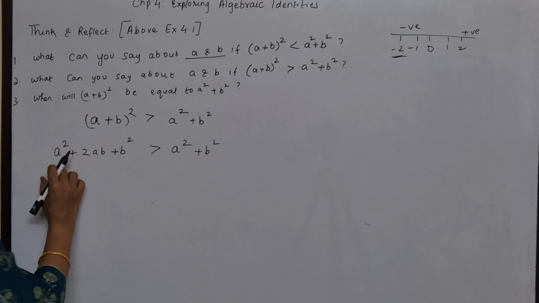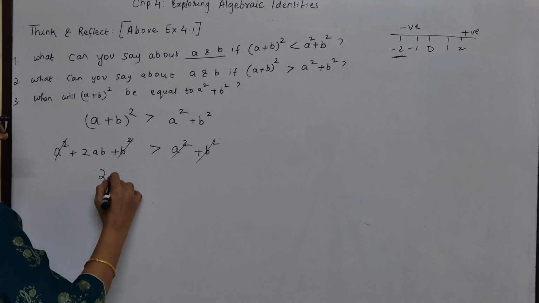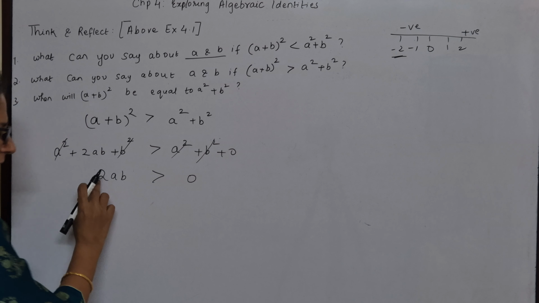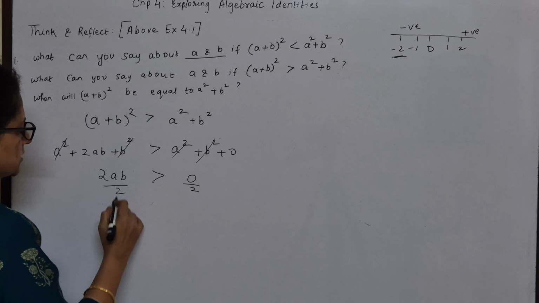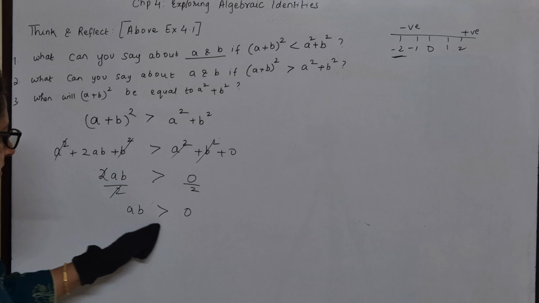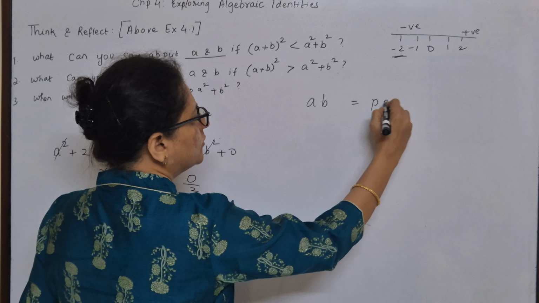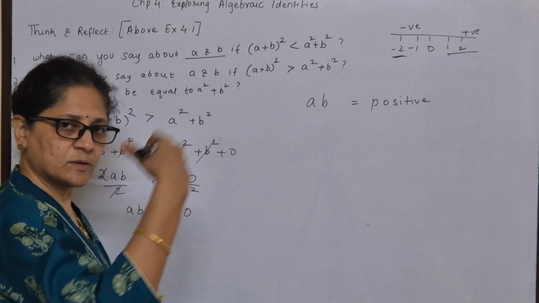Now again subtracting A square plus B square from both the sides, I will get 2AB greater than, now here nothing is there means 0. Then again I want to eliminate 2, so dividing by 2 both sides, 2 gets cancelled, AB is greater than 0. That means AB is positive. Right? Greater than 0 means it is positive.